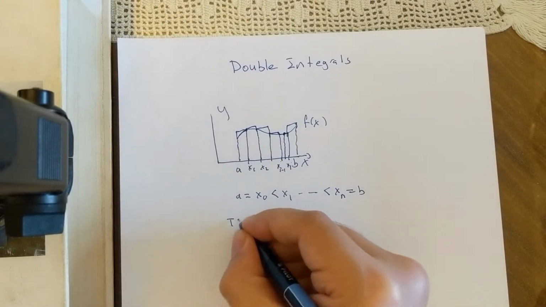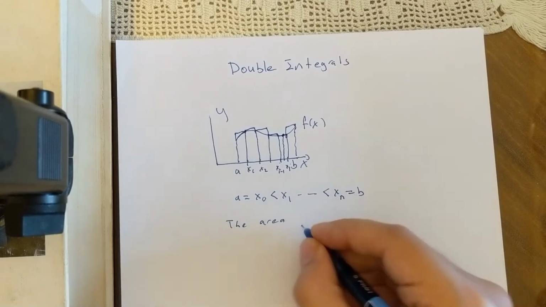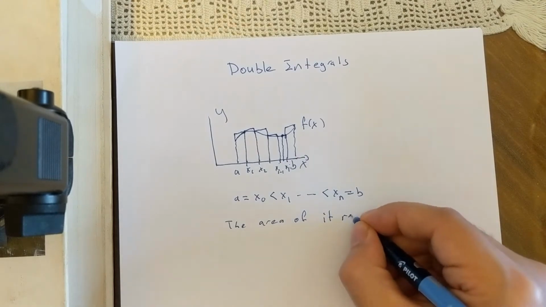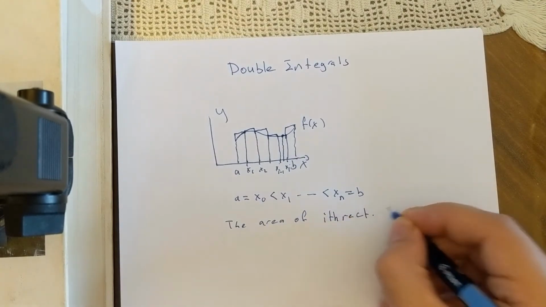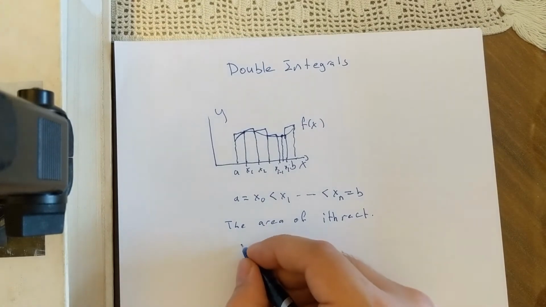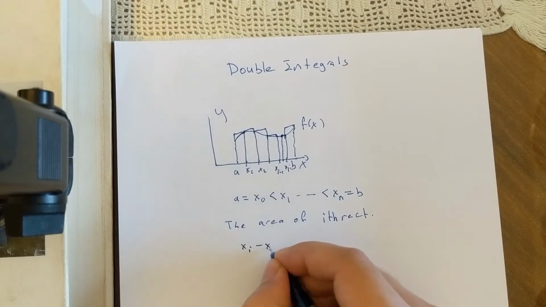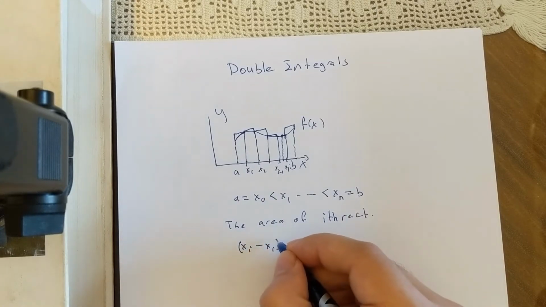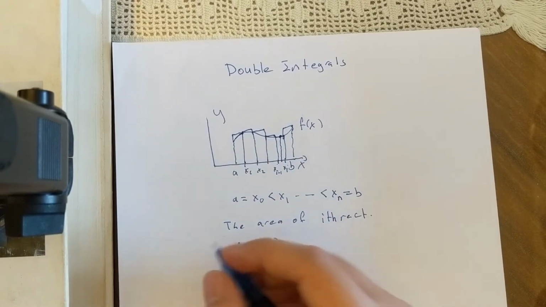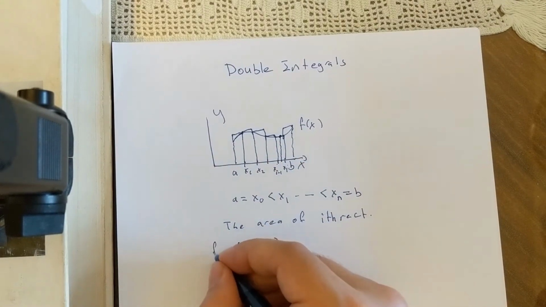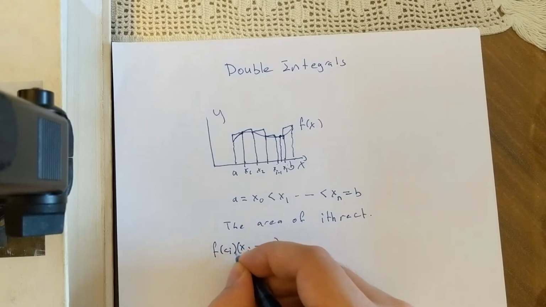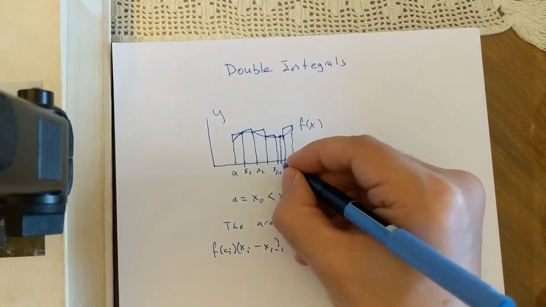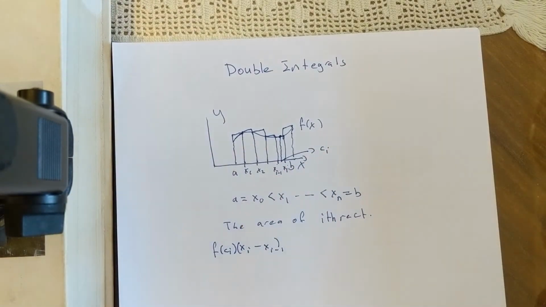So the area of the ith rectangle would be x sub i, the right hand point, minus x sub i minus 1, times the height of the function, and let's call that point c sub i, and that would be the area of the rectangle. So here c sub i is this point anywhere between x sub i and x sub i minus 1.